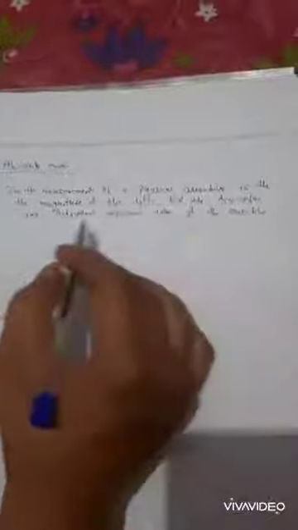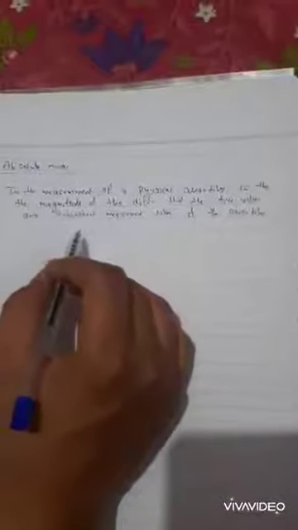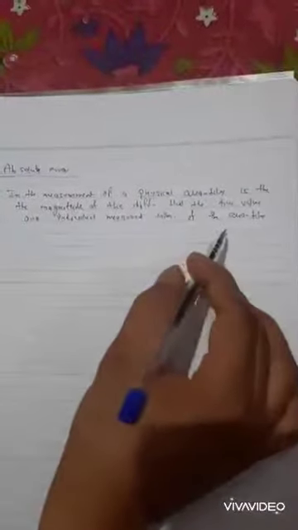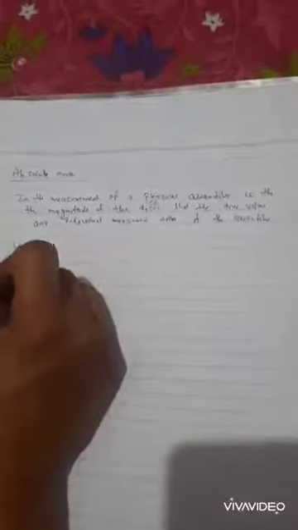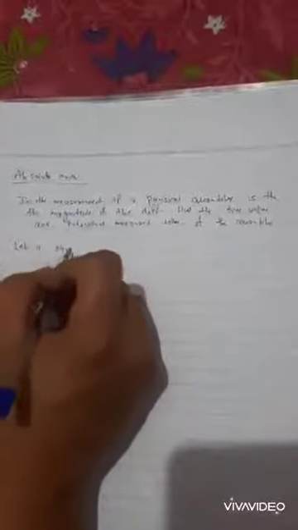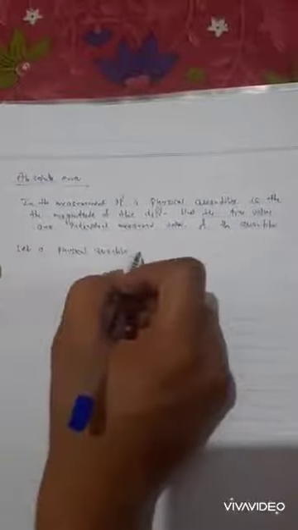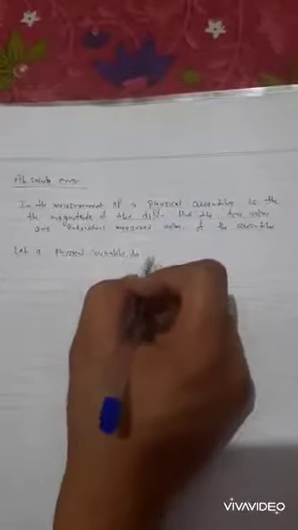So this is basically the absolute error that we got in the definition: the magnitude of the difference between the true value and the individual measured value.